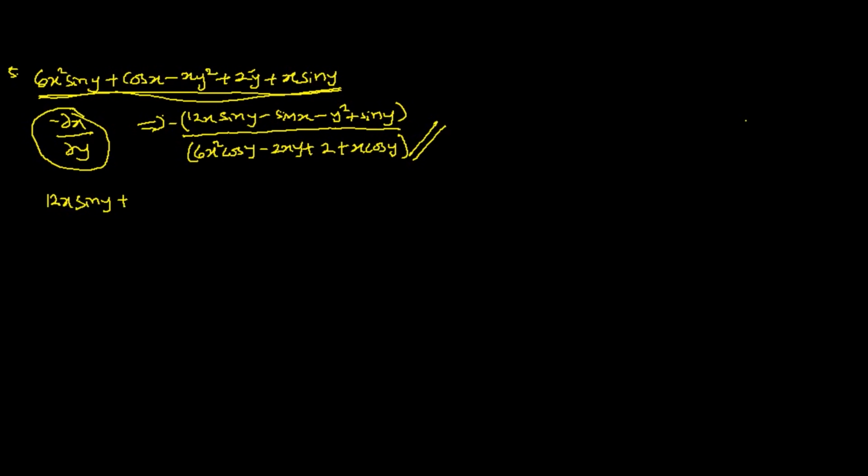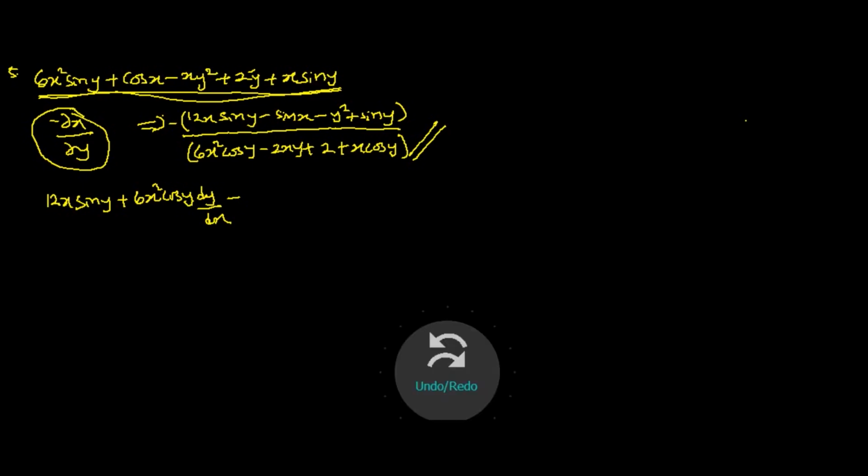Now we are going to have 6x squared cos y dy/dx. Remember, if you differentiate anything with respect to y, you are going to put dy/dx, and this plus differentiate this. Now this will give you minus cos y, minus sin y.